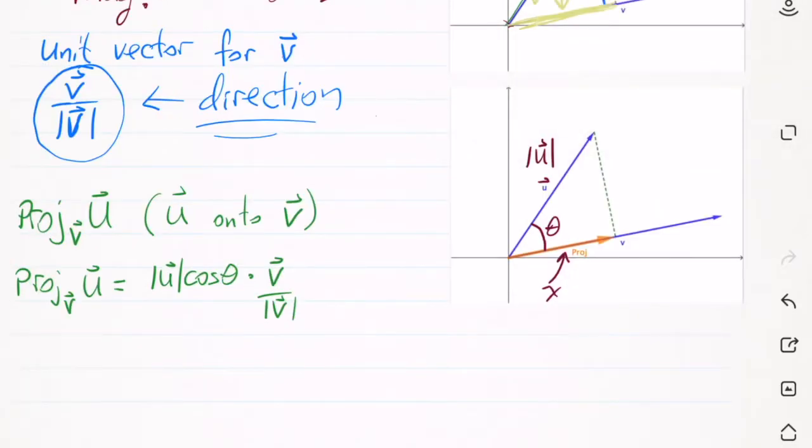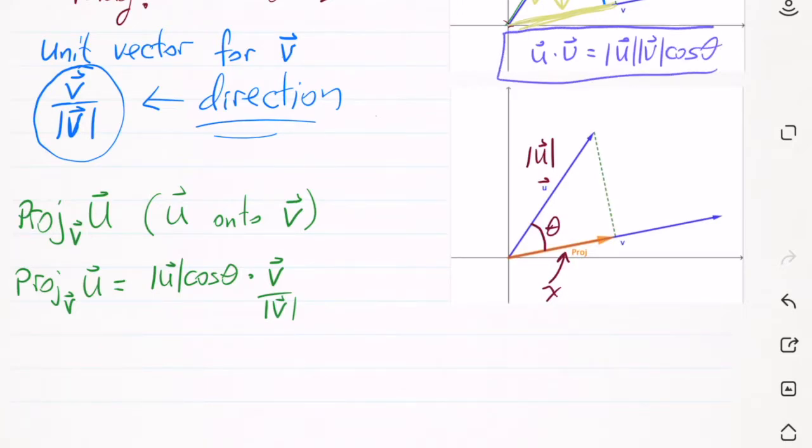We have to go back and write down a few other formulas. One of the formulas is that u dot v is equal to the magnitude of u times the magnitude of v cosine of theta. And if I use this formula, I have part of it. I have this part right here. The only thing that is missing is the magnitude of v.